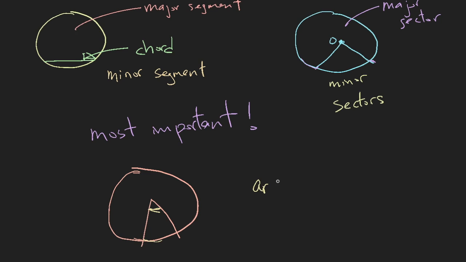So the arc length is equal to this angle divided by 360 degrees multiplied by the circumference, which for any circle is always 2 pi r, where r stands for the radius.